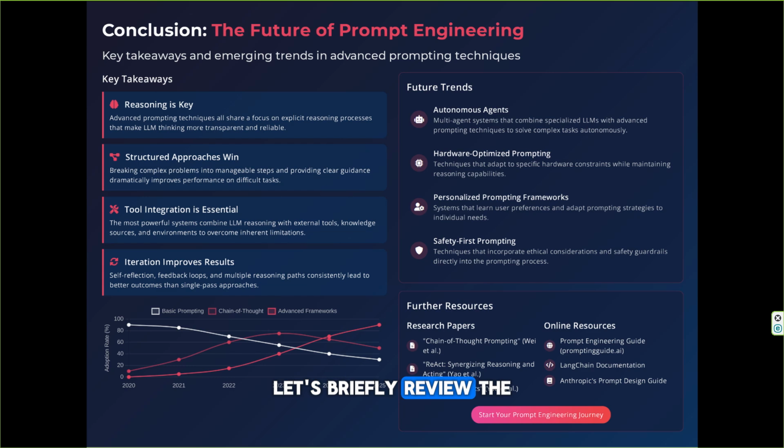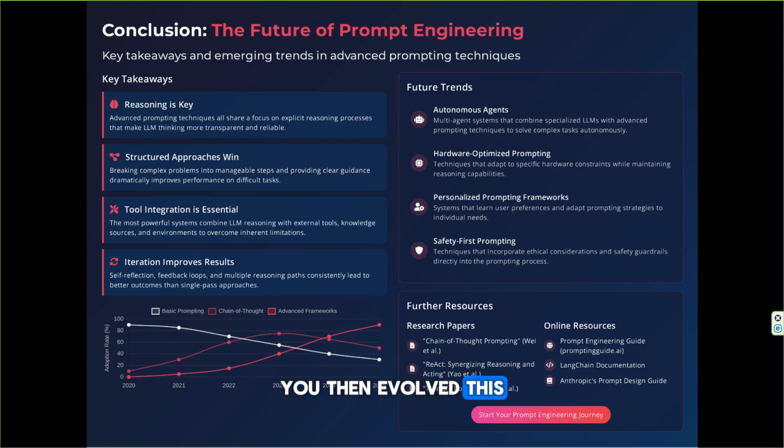Let's briefly review the critical skills you have acquired. In Module 1, you established the foundations, learning to differentiate between basic and advanced prompts, and mastering the self-consistency principle to ensure your answers are robust and reliable. In Module 2, you dove into the chain of thought revolution, learning to prompt models to show their work with both zero-shot and few-shot code.